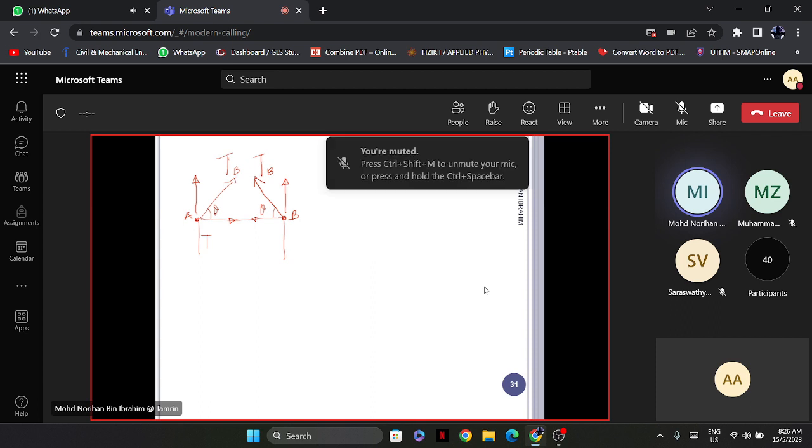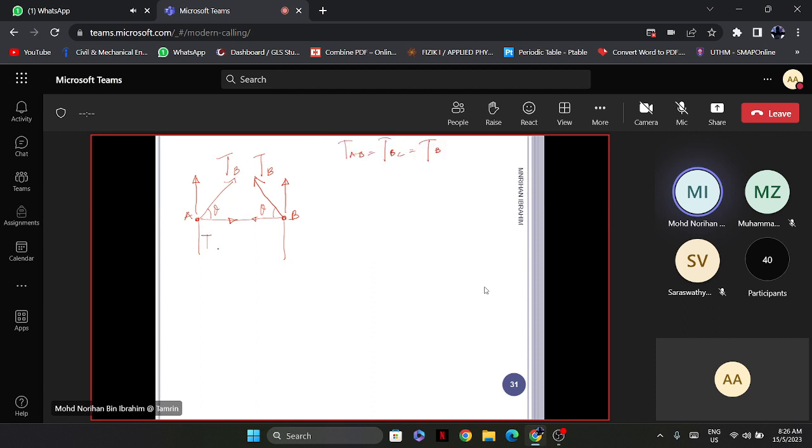Since we are using TB on both of these, we can put it as TBx, and TBx is equal to TB cos theta, and TBy is equal to TB sin theta, similarly for this one. So TBx is equal to TB cos theta, and TBy is equal to TB sin theta.